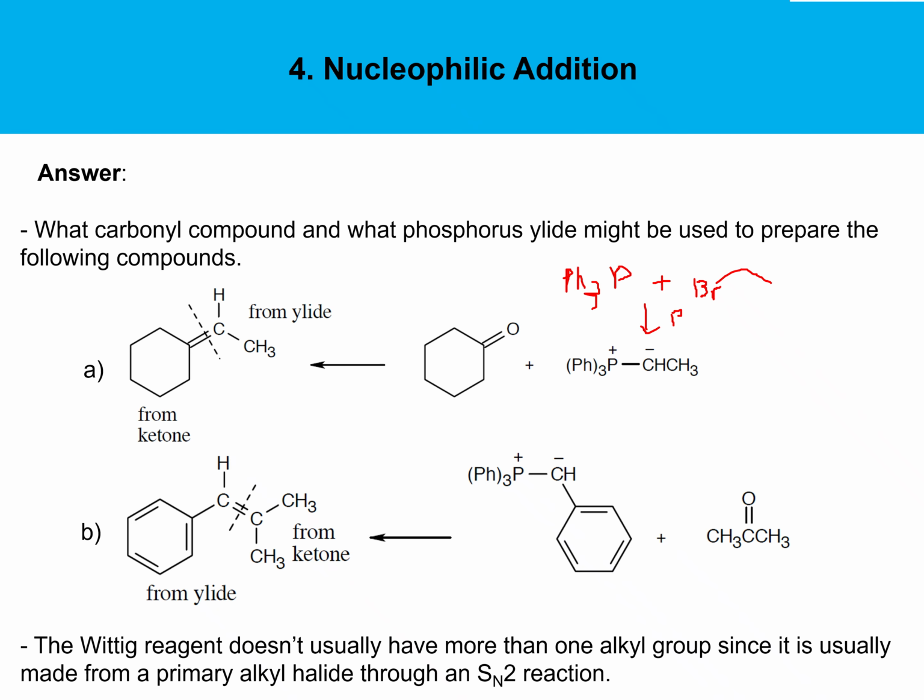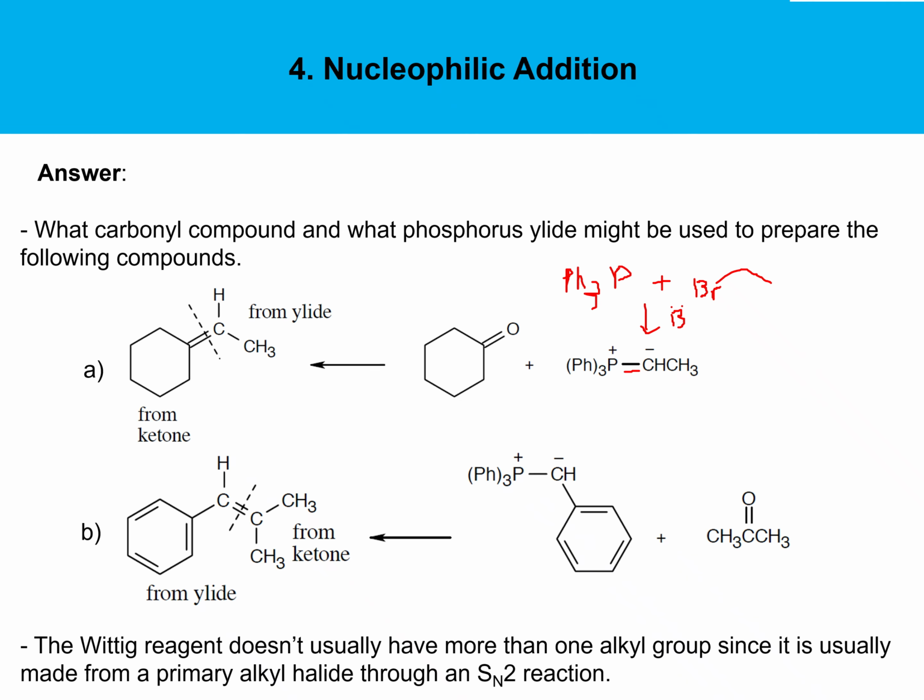Initially you'll produce a phosphonium salt, and then base will remove the acidic hydrogen. So imagine this having a CH2 group. A base like butyllithium will remove a hydrogen from there to produce this Wittig reagent. We can draw the Wittig reagent as shown here, or we could get rid of those charges and instead add a double bond here. Either way is fine.